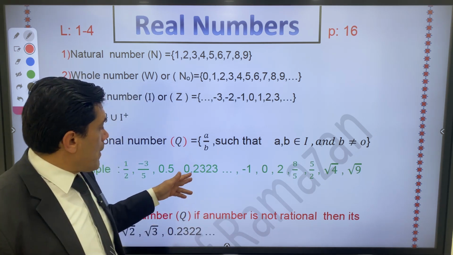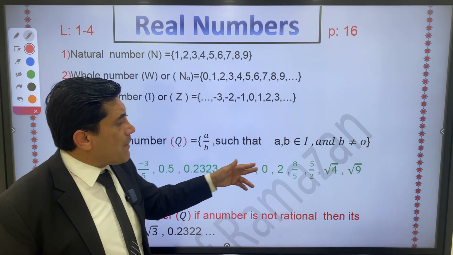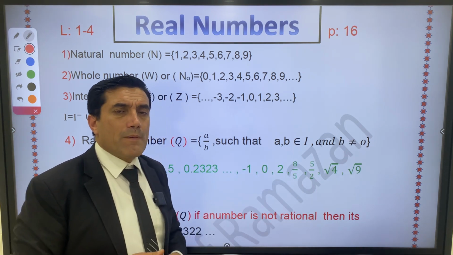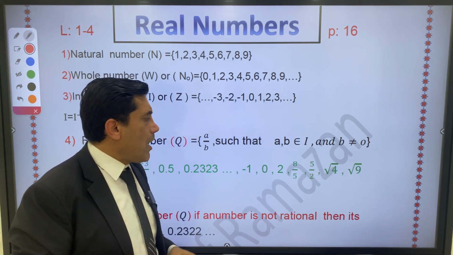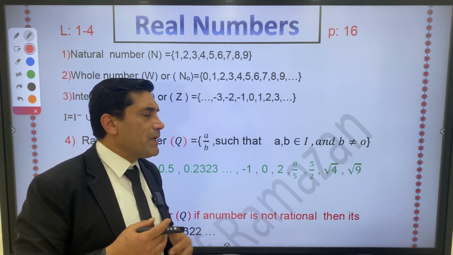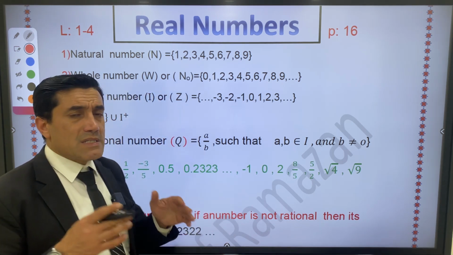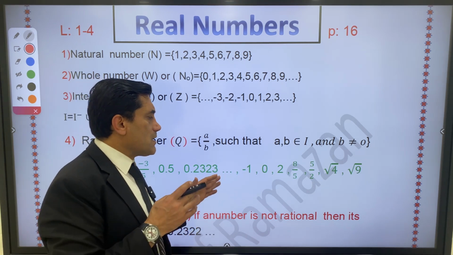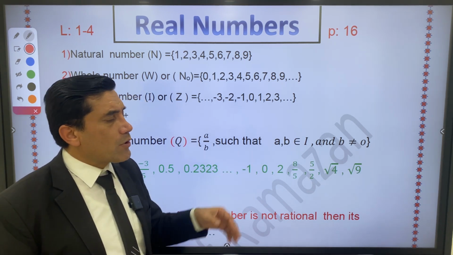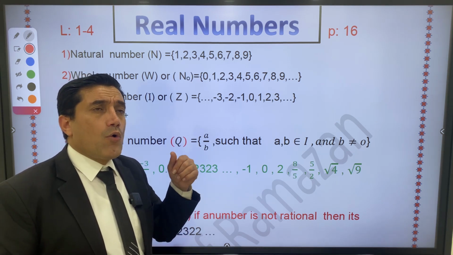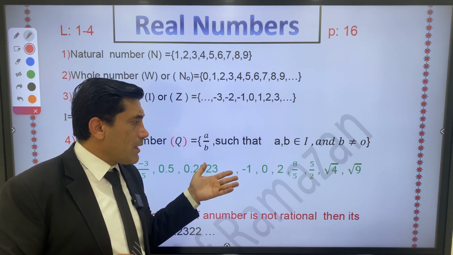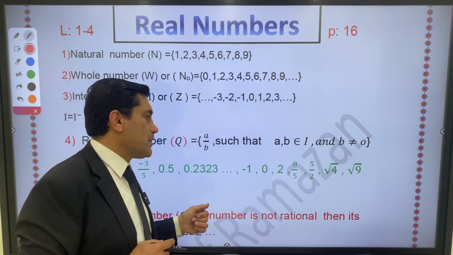So decimal numbers and square roots may be rational or irrational. Now I will explain when a decimal number is rational or irrational, and when a square root is rational or irrational.